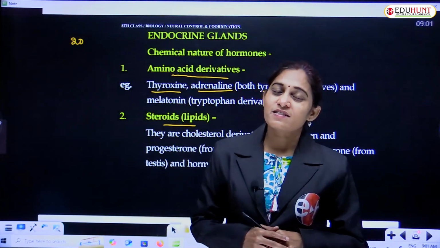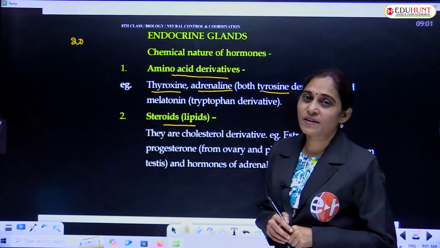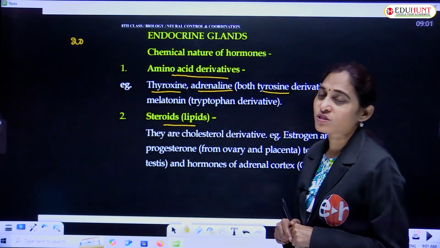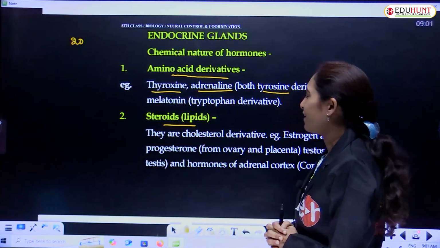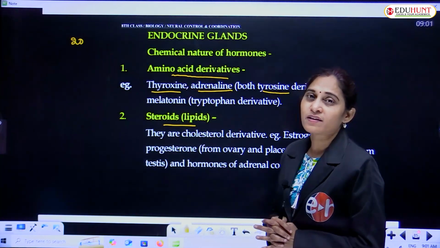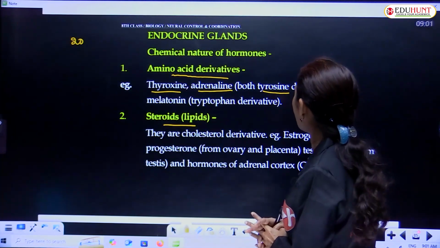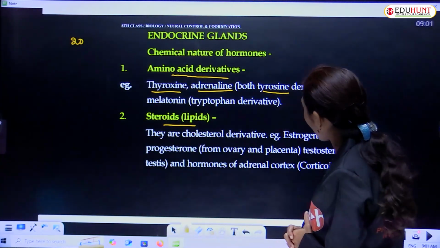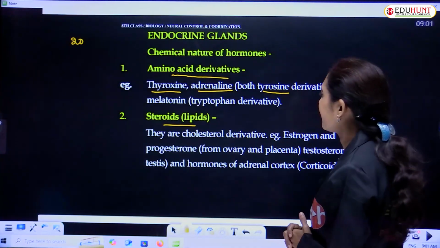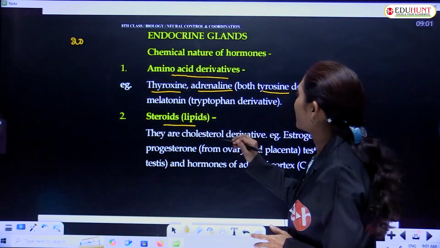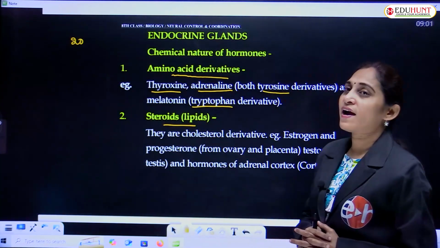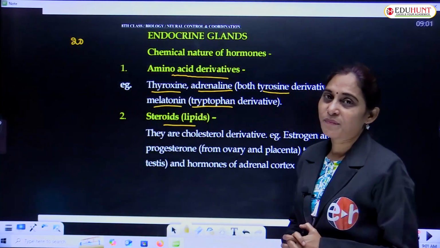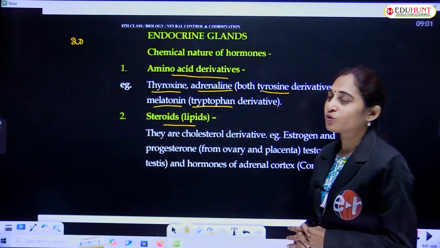The two adrenal glands secrete hormones, and adrenaline is one of the hormones secreted by the adrenal gland, and this is a derivative of the amino acid tyrosine. And the second amino acid is tryptophan. Tryptophan derives melatonin. Melatonin is derived from tryptophan.